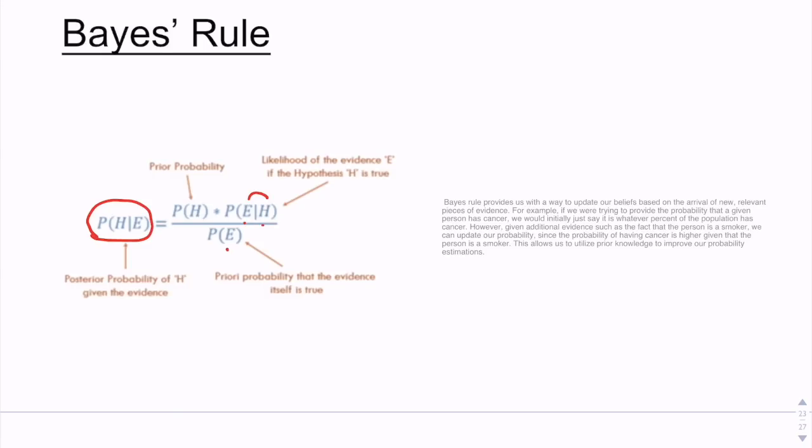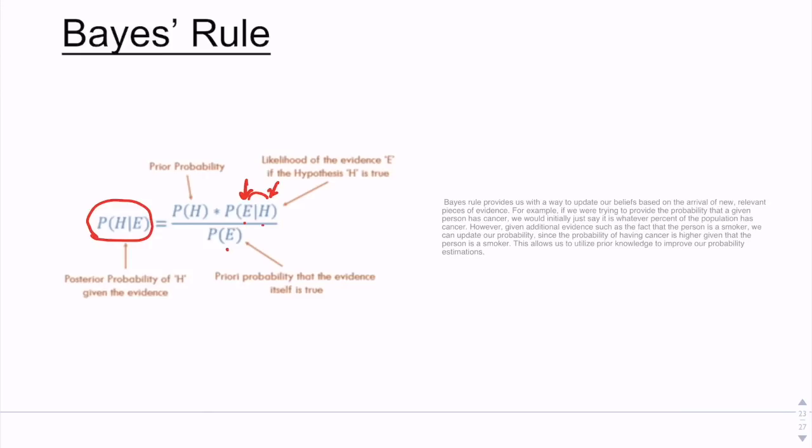So based on the analysis we have done on these tumors, the hypothesis is cancer or no cancer. This is called the likelihood, the probability of E given H, the probability of this tumor given that this person has cancer or not. So this is a likelihood.